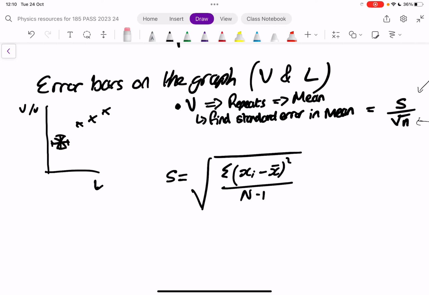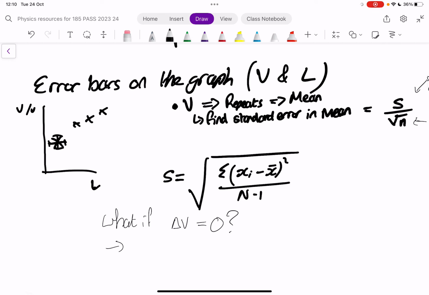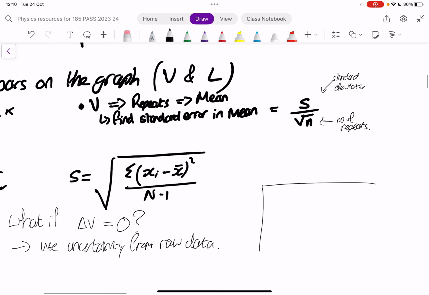The other problem you might have with this method is, what if the error bar, delta V, equals 0? Well, you can't have a 0 error. In these cases, just use the raw data. Now what we mean by that is, in your table, you would have had, for example, lengths, currents, voltages, probably multiple voltages.